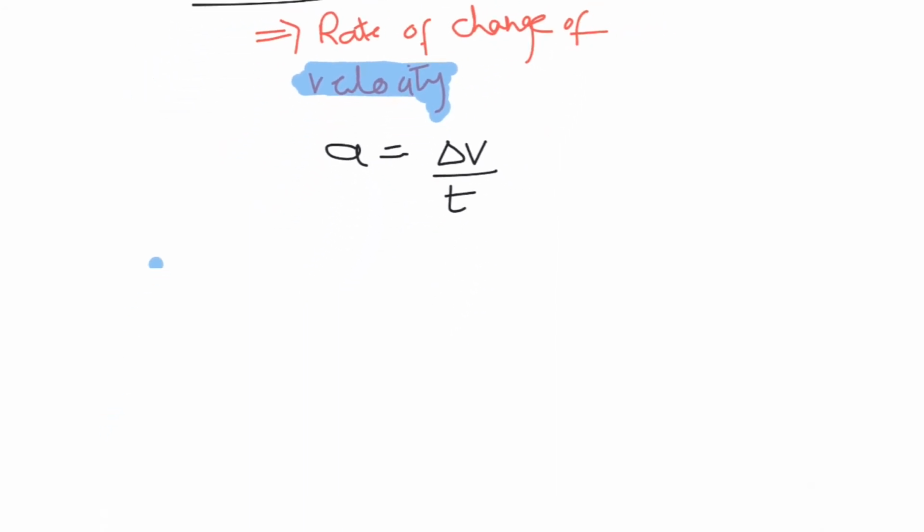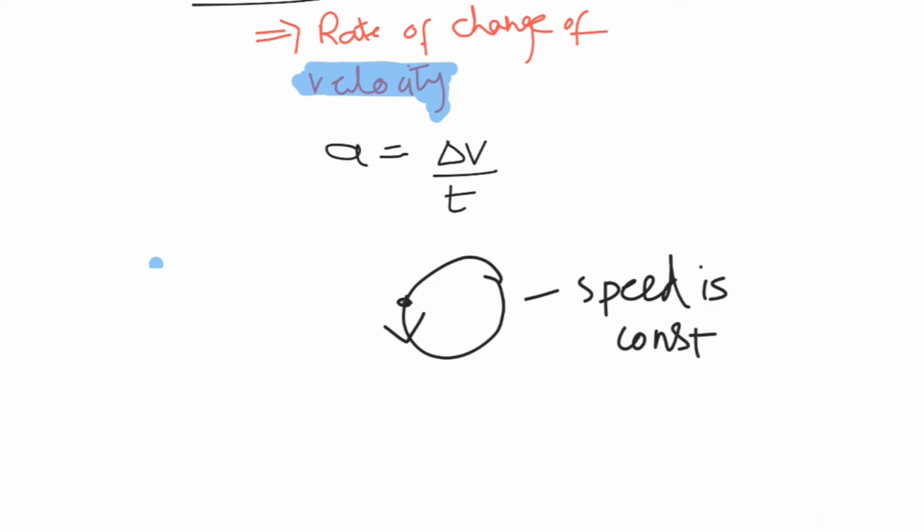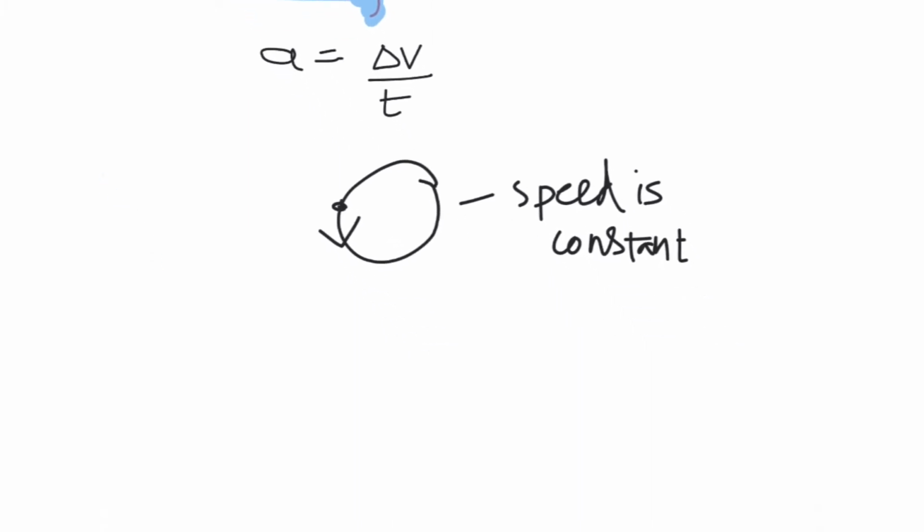So for example, if a body is moving in a circular path, let's say, and its speed is constant, still it is accelerating, because you know that its direction is constantly changing, and therefore it is accelerating. Velocity is changing because of direction and is accelerating.